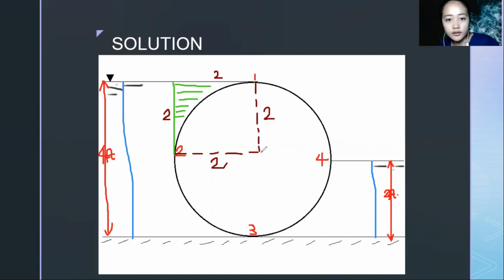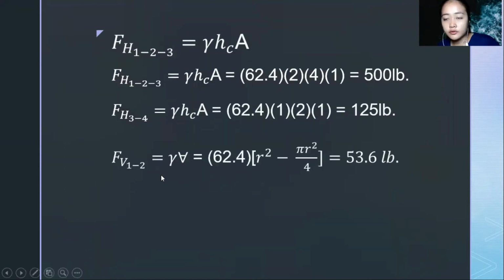So that is r squared minus pi r squared over 4. So the vertical force at point 1 and 2 is equal to 62.4 times r squared minus pi r squared over 4. So this is equal to 53.6 pounds.